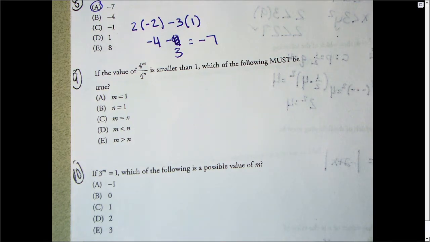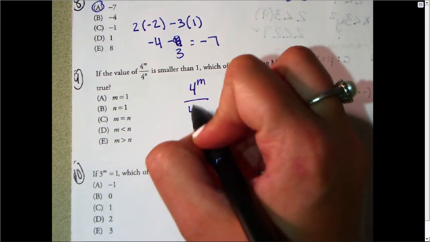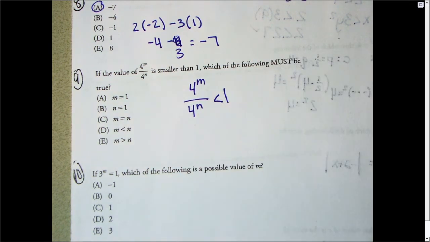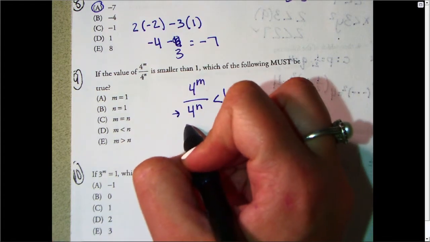All right, so looking at this answer, okay, this value has to be smaller than 1. Well, if it's smaller than 1, that means that we have a fraction that has a denominator that is larger than the numerator, making it smaller than 1. So our goal here is to have a denominator that is large.